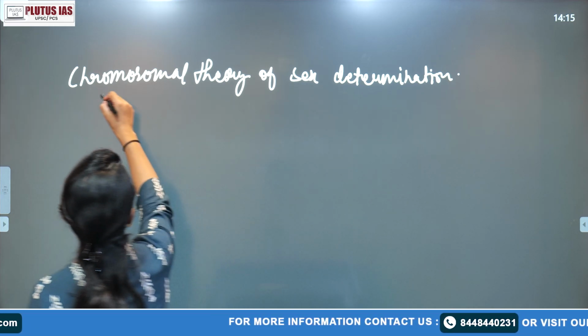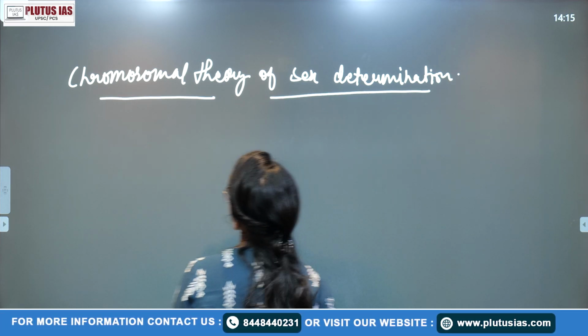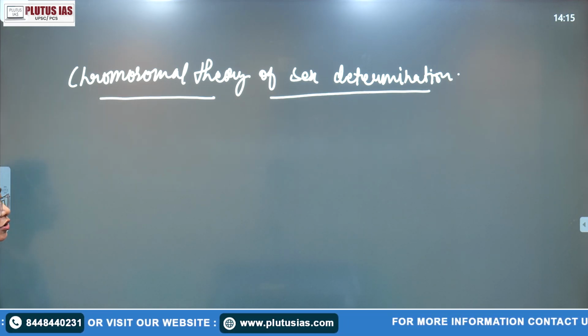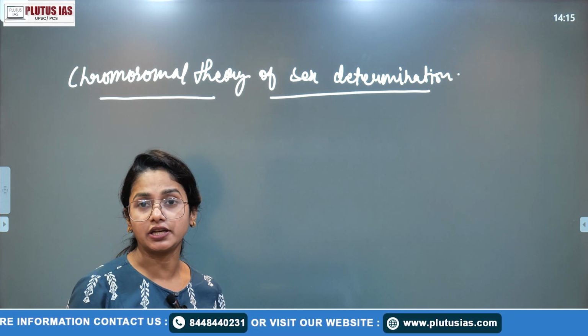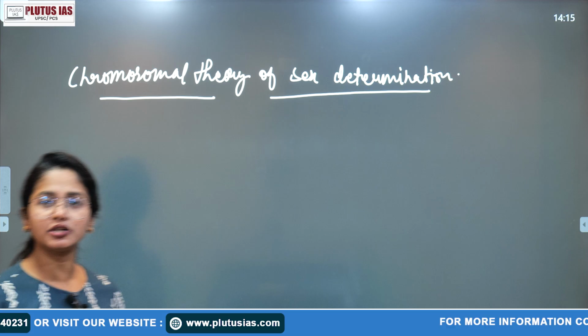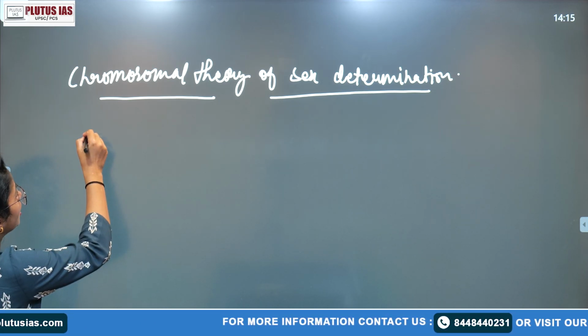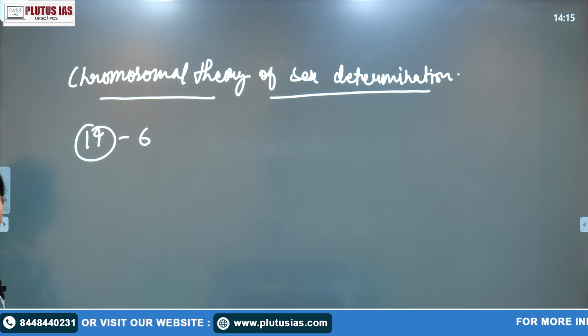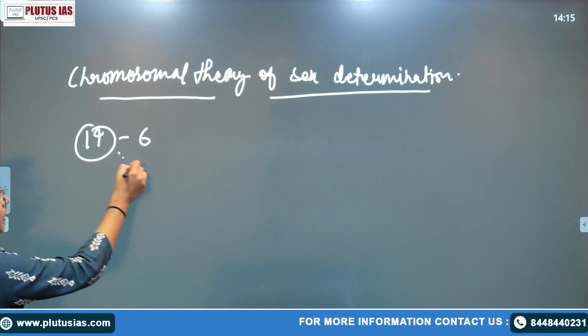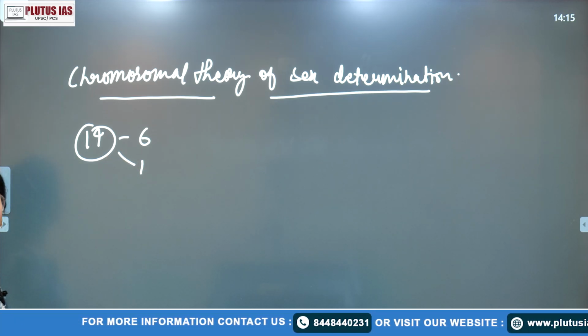In the chromosome, of course, the total number of chromosomes in Drosophila is 14. There are many species of Drosophila, but generally the number of chromosomes is 14. So in that 14, there are 6 pairs of autosomes and one pair of sex chromosomes.